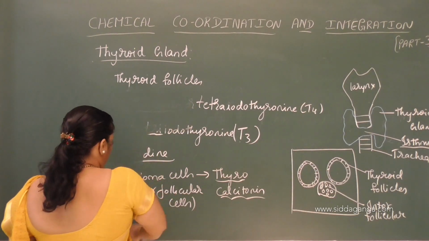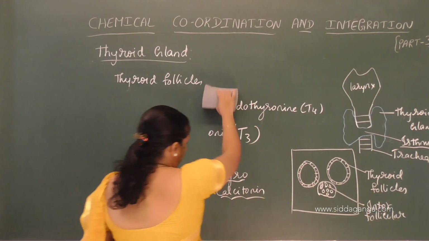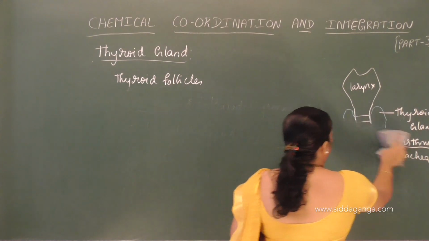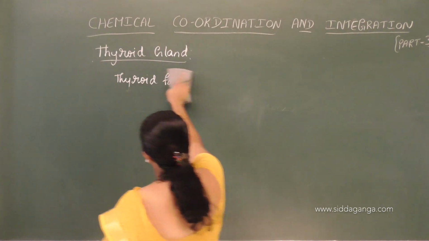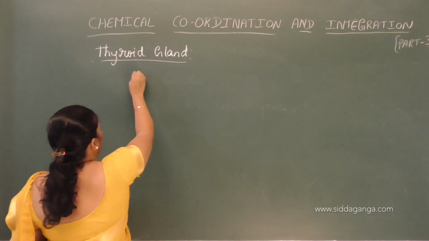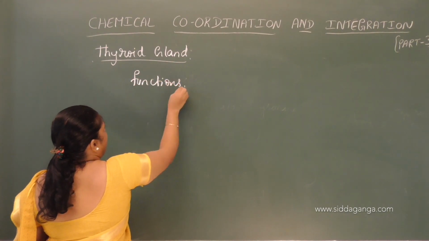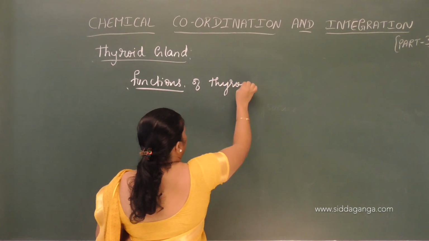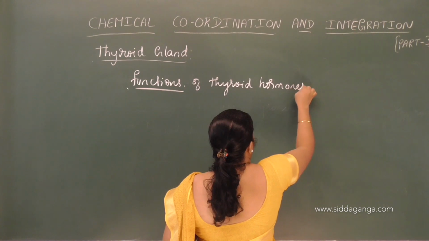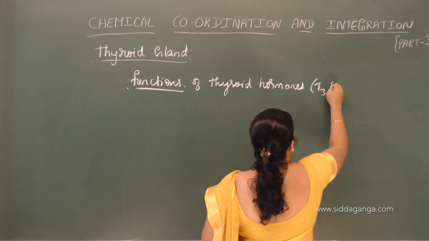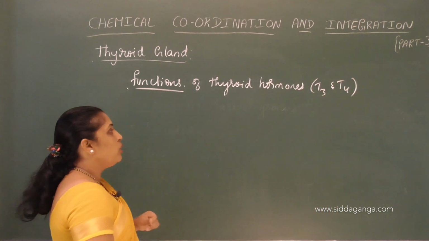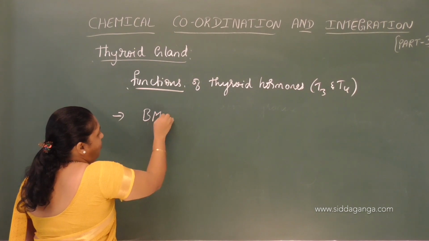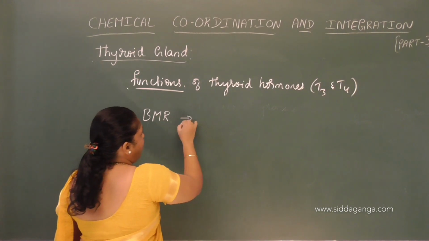We will go with the functions of the thyroid gland. When coming to the functions of thyroid hormones, T3 and T4, they regulate basal metabolic rate, BMR.